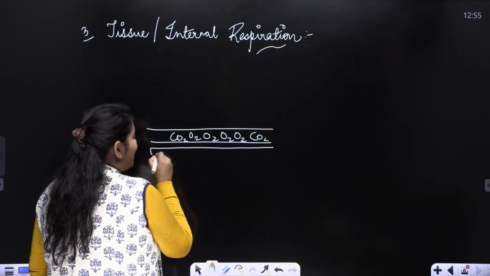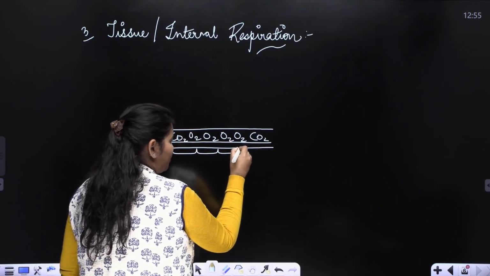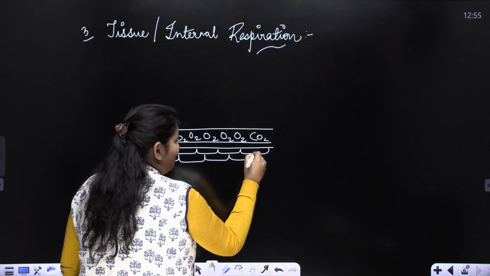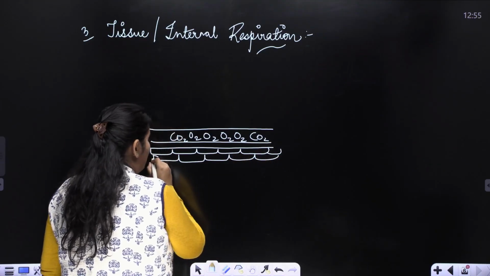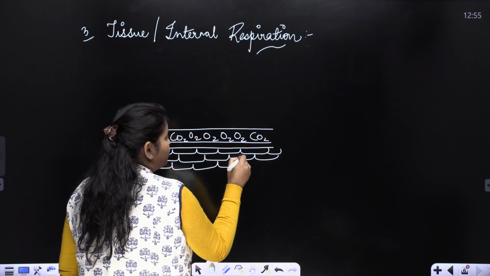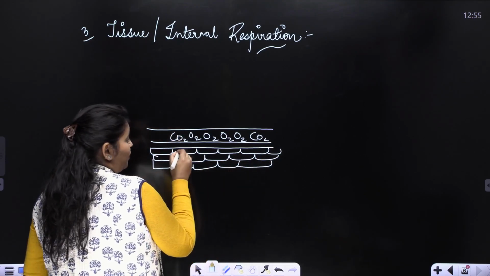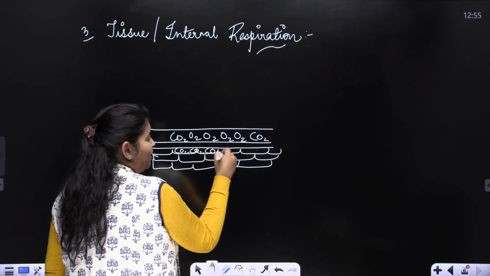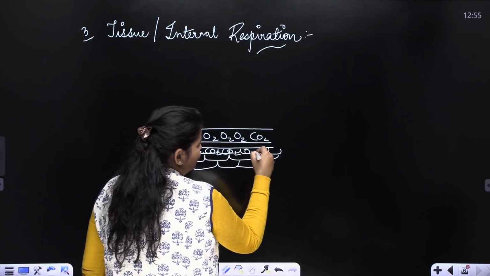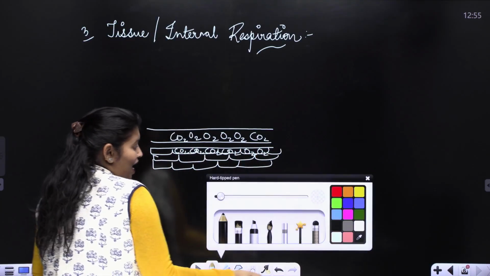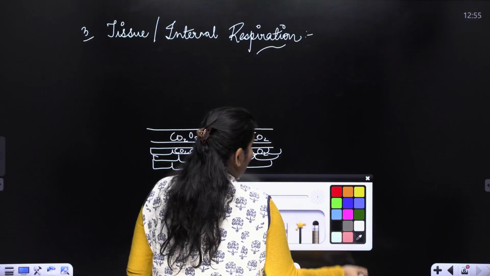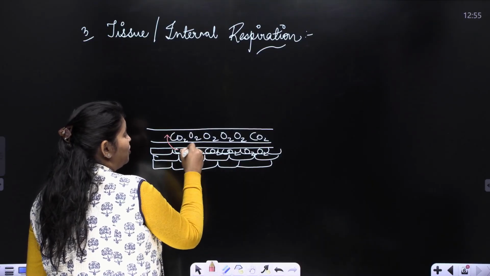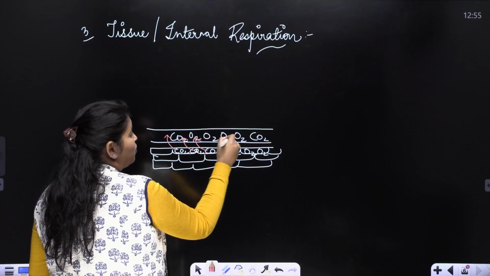And the cells of the tissue, since they were respiring, they have used up the oxygen and they are left with what? They are left with more of carbon dioxide in them and very little oxygen that might be present. As a result, you know, the gases diffuse from their region of higher concentration to lower concentration.